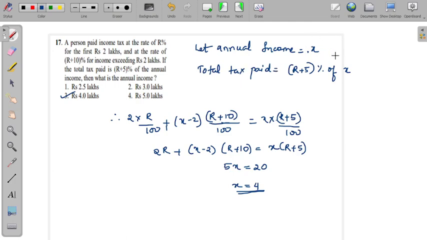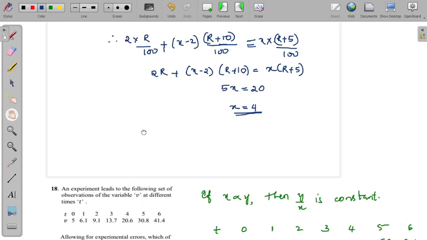So from the annual income I have taken 2 lakhs with the rate of interest R%, then the remaining annual income will be X minus 2. For this X minus 2, the rate of interest is R plus 10%. So (R plus 10) by 100, which is equal to the total tax. When you simplify all these expressions, you will get X is equal to 4. Hence, the answer will be the third option, that is 4 lakhs.